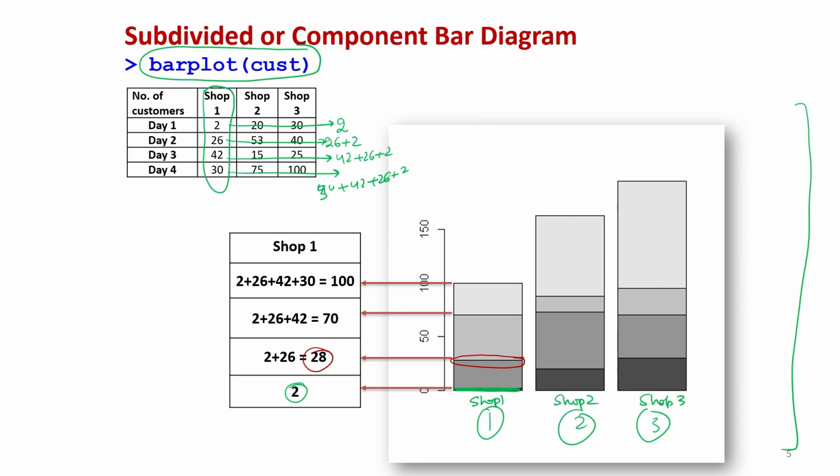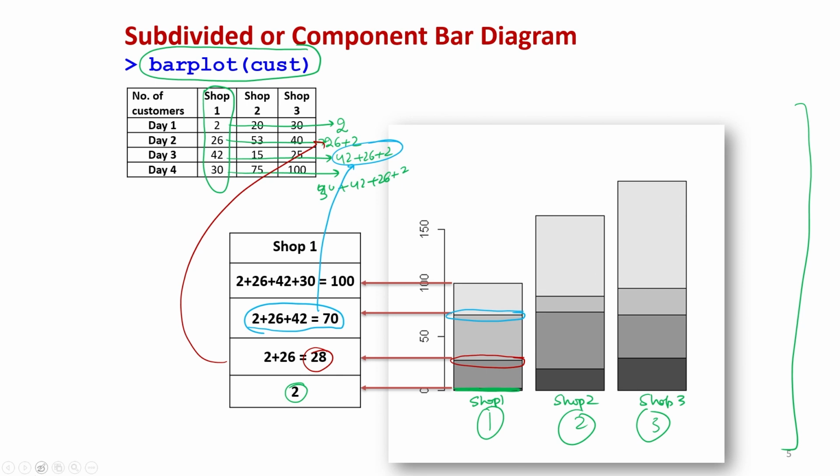This is the cumulative frequency of day 2. Similarly, the third line is representing the cumulative frequency of day 3. You can see the cumulative frequency of day 3 is 2 plus 26 plus 42, equal to 70.